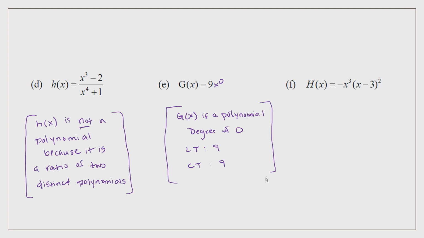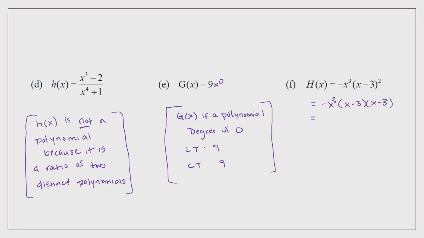That's pretty cool, huh? All right, our last one, capital H of x equals negative x cubed times the quantity x minus 3 squared. Well, to help us identify whether this is a polynomial function or not, let's factor out our function. So h of x is negative x cubed times x minus 3 times x minus 3.